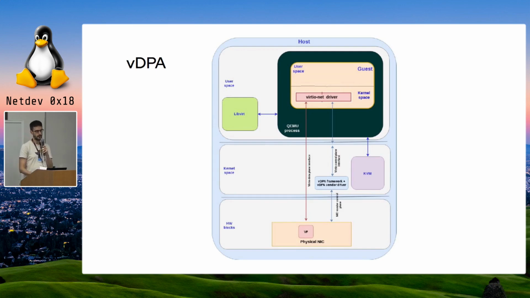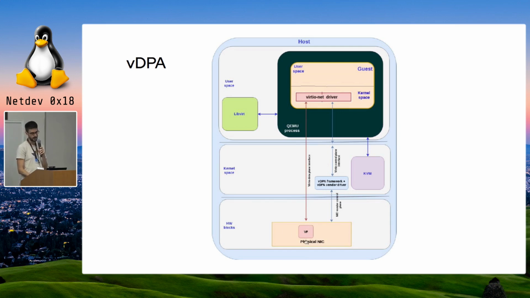And on top of that, vDPA. So vDPA is virtio data path acceleration, and basically tries to directly pass through the data plane, so you have the full hardware offloading performance, but emulate the control plane. So the vendor doesn't need to implement all of the virtio control plane in the hardware. Very convenient because it's not easy to implement in hardware.